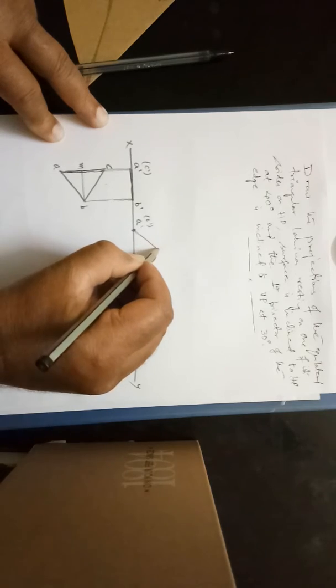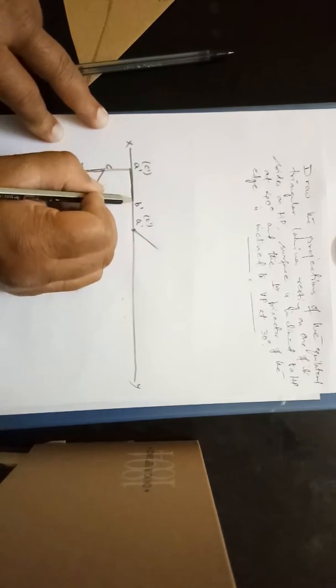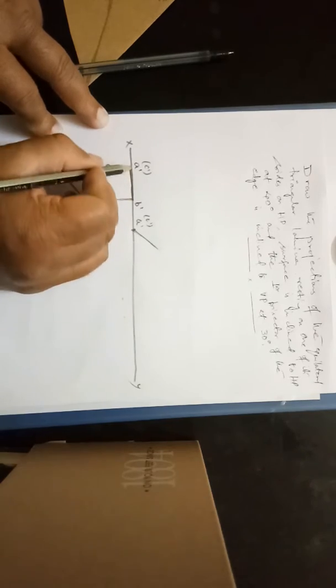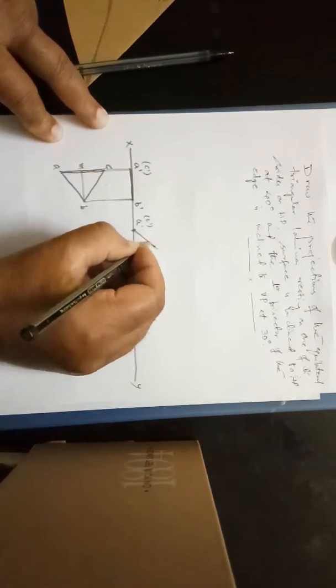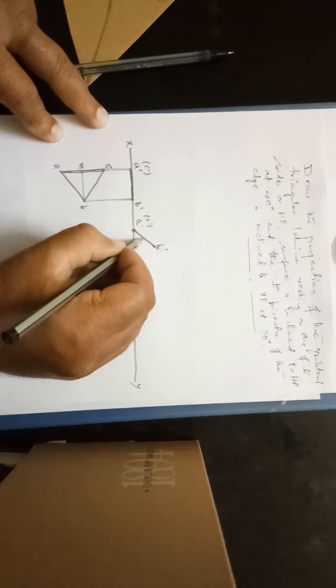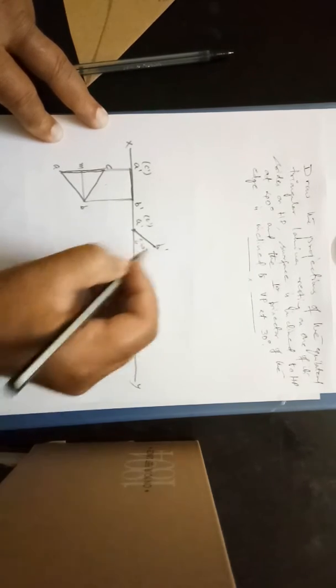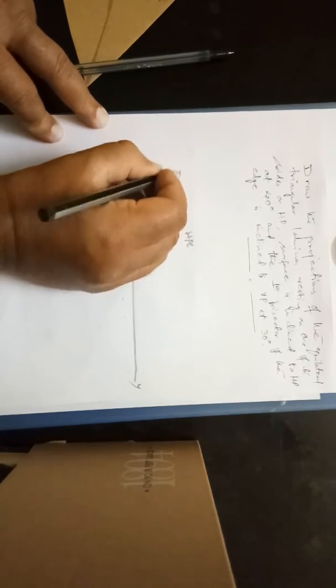The length of this line must be equal to the length of A dash B dash. So measure A dash B dash and mark it here. So this will be the new front view of the lamina, which is inclined to HP at 40 degrees. So this is called the HP condition. This is called the initial position.